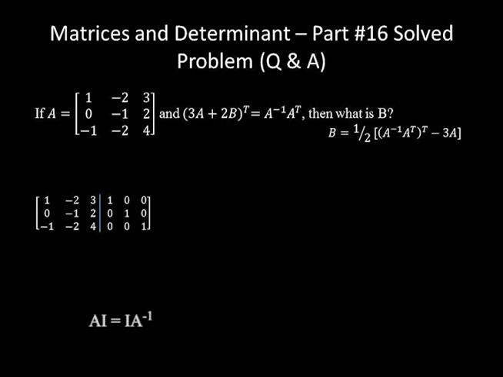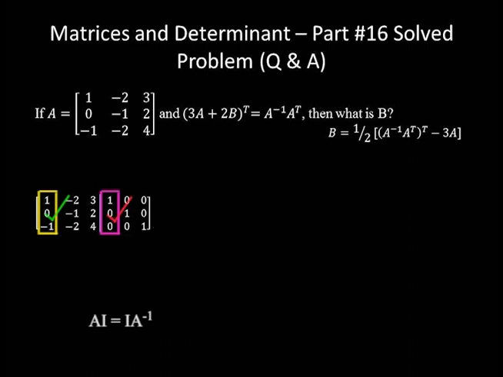We have to follow a step-by-step approach in order to convert each column of matrix A to the corresponding column of the identity matrix. Let's start with column 1 of the two matrices. This one is similar to this one, and this 0 is similar to this 0, but this negative 1 is different from this 0.